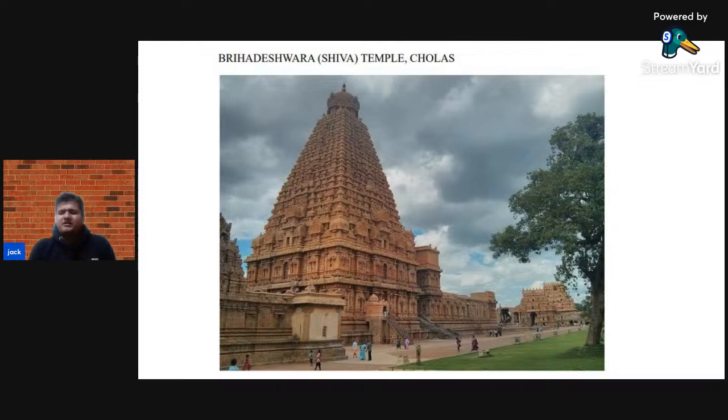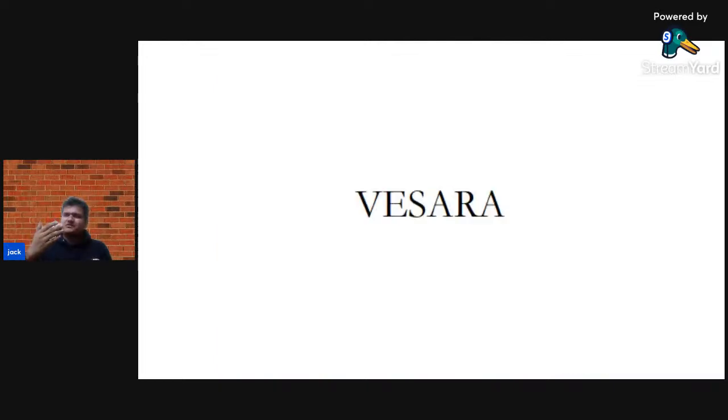Now, when the Dravidian architecture and the Nagar style architecture coincided, in the region of Karnataka and Telangana, we can see that these temples have features of both Dravidian and Nagar style architecture.